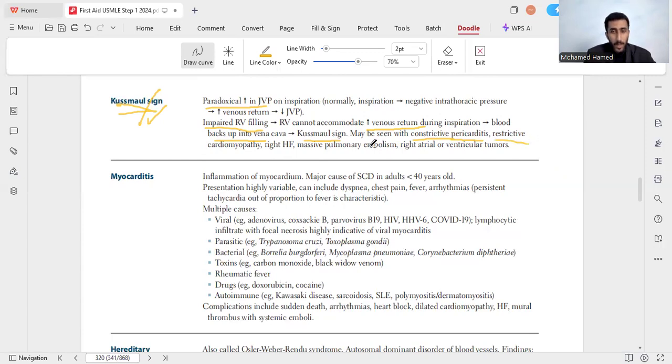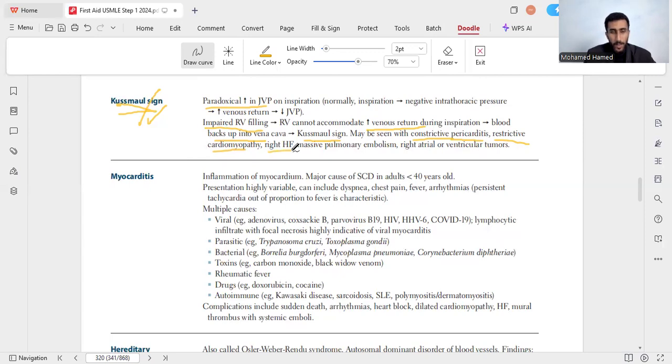At the level of the myocardium, the kind of cardiomyopathy that causes Kussmaul sign is restrictive cardiomyopathy. You know, there are three different types of cardiomyopathy: hypertrophic, dilated, and restrictive. Logically, the restrictive cardiomyopathy is the one that will cause the Kussmaul sign.